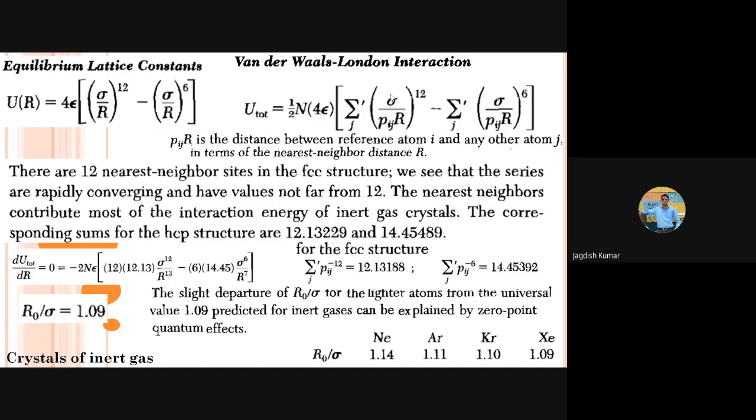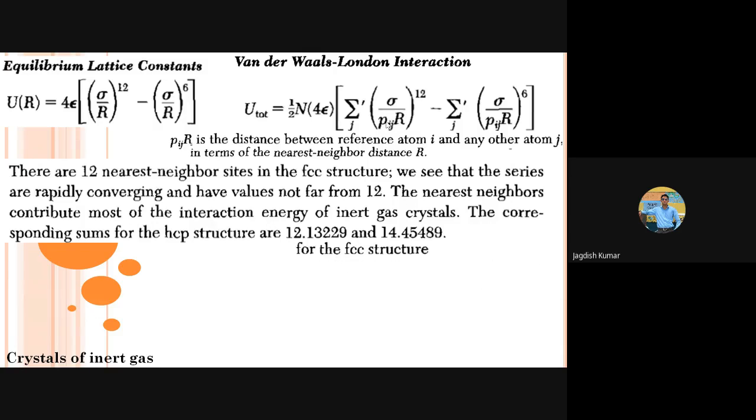Accordingly, the summation is left only over i and j of 1 over p_ij, raised to the power 12, not just 1 over p_ij, but 1 over p_ij raised to the power 12. And what is p_ij for a nearest neighbor? It is 1.